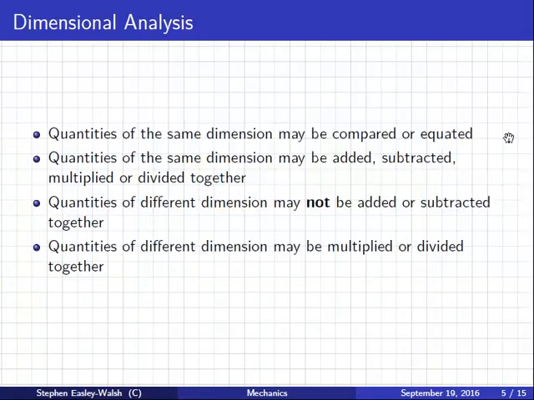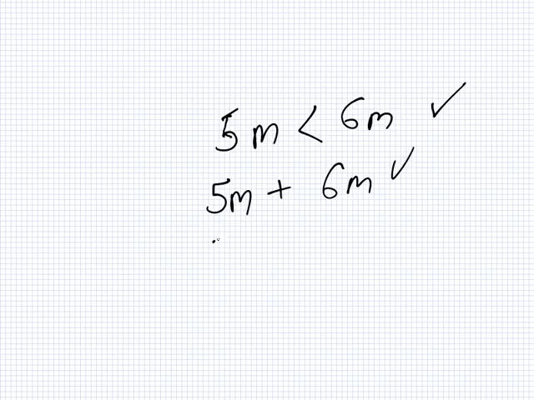So, just to write a little example down. You could say something like 5 meters is smaller than 6 meters. That's okay. You could say 5 meters plus 6 meters. That's okay. 5 meters minus 6 meters. That's okay.